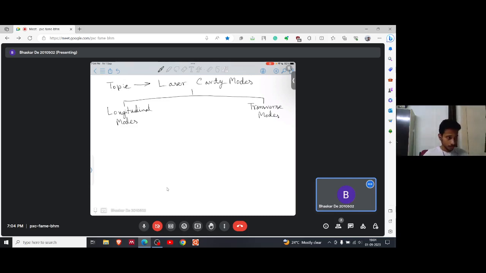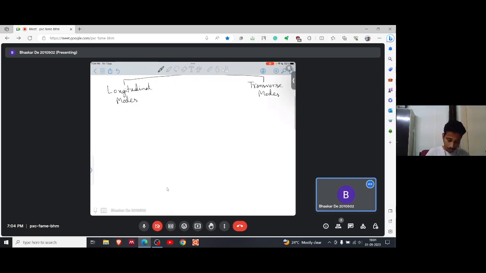Okay, so for longitudinal mode, what I am going to discuss is known as the Fabry-Perot resonator.